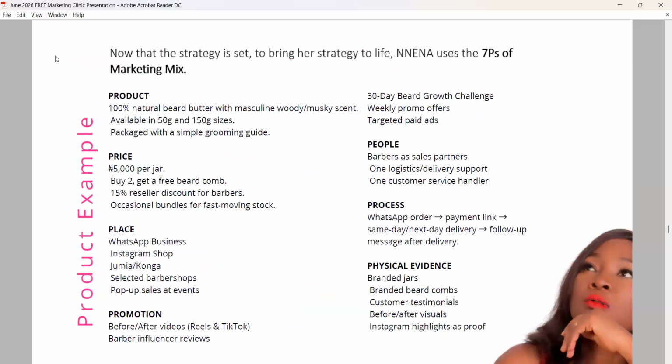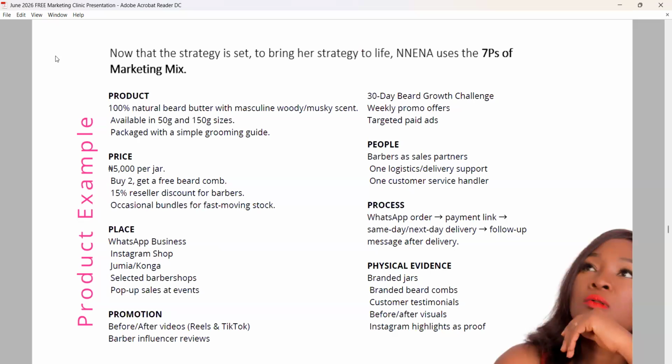Let's proceed. So you see how Nena and Julian used this framework. That's the 7 P's. So for Nena, her product is the 100% natural beard butter with masculine woody and musky scent. It's available in 50 grams and 150 grams, packed with a simple grooming guide.